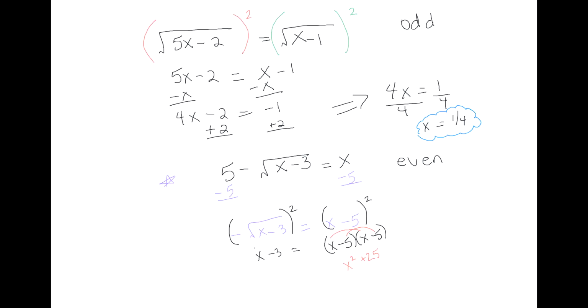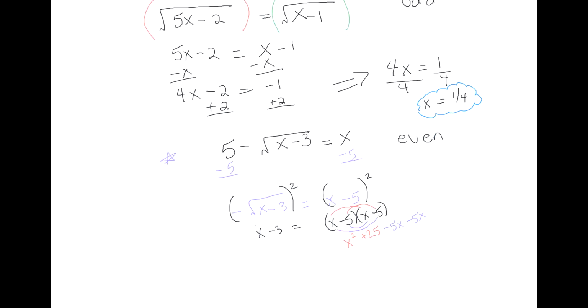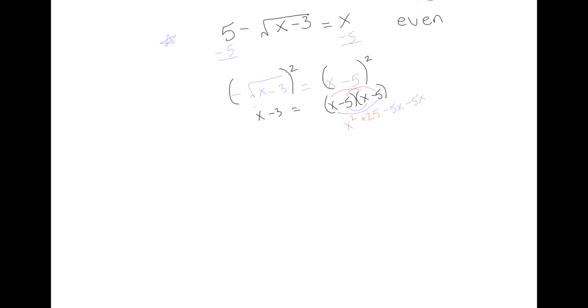Minus 5 times x is minus 5x, plus another minus 5x. So we have x minus 3 equals x squared plus 25 minus 10x.